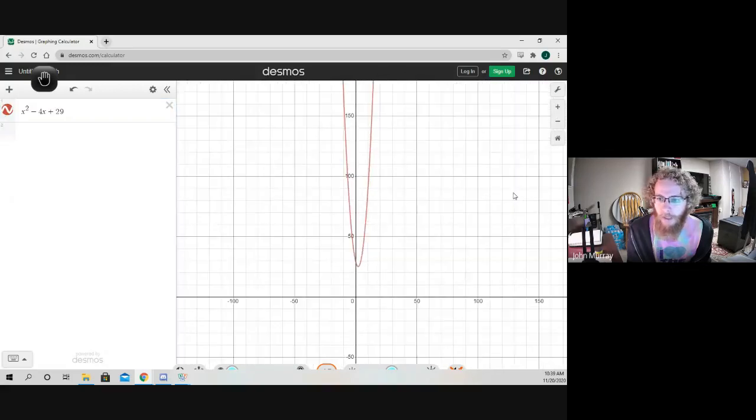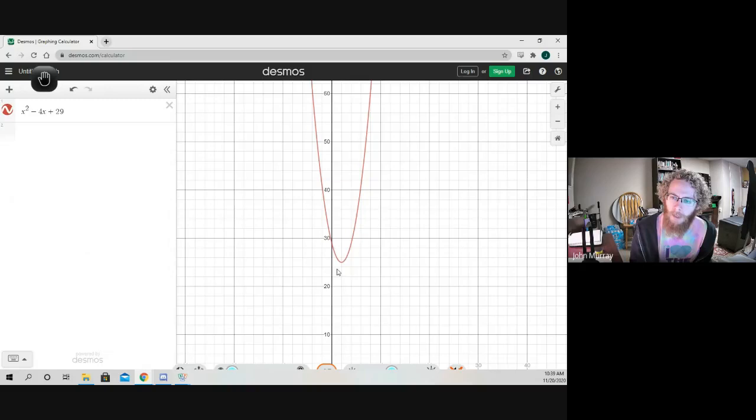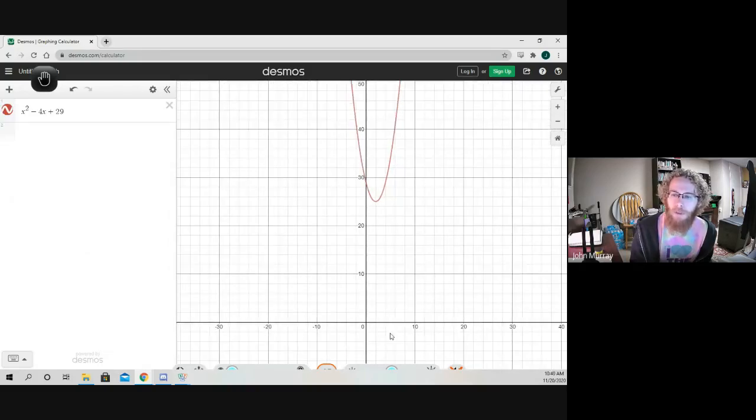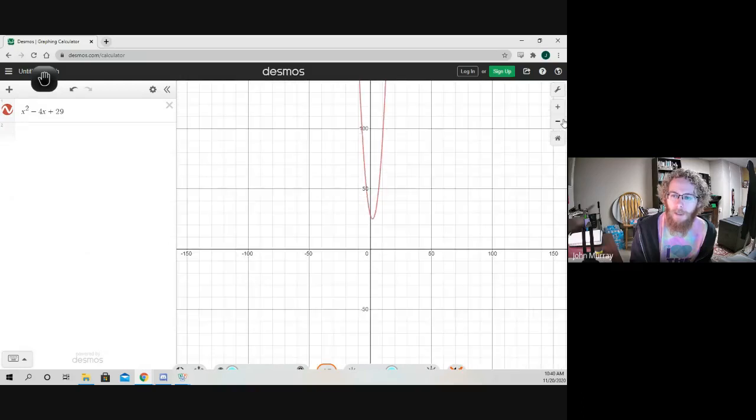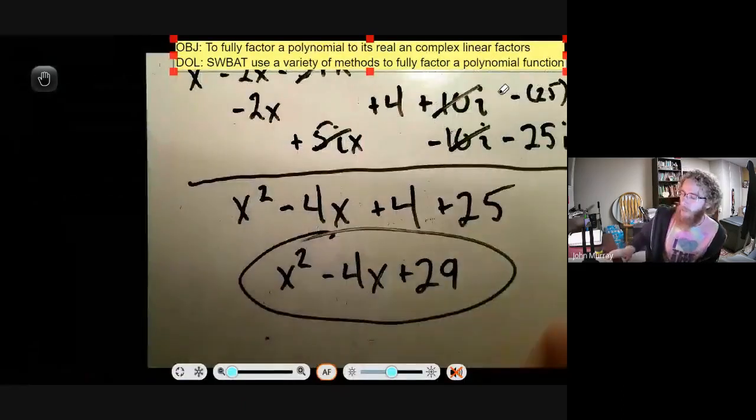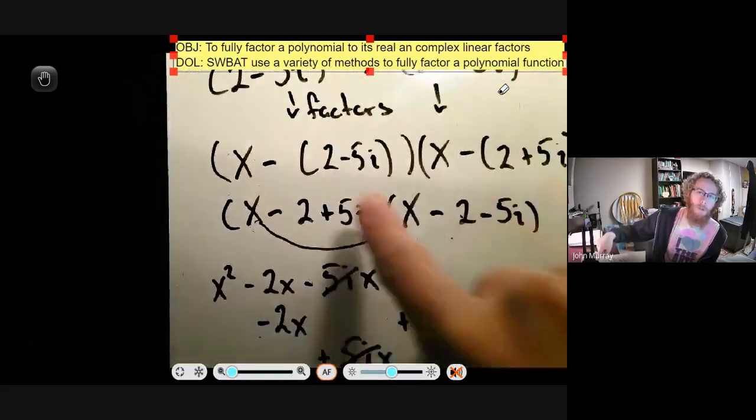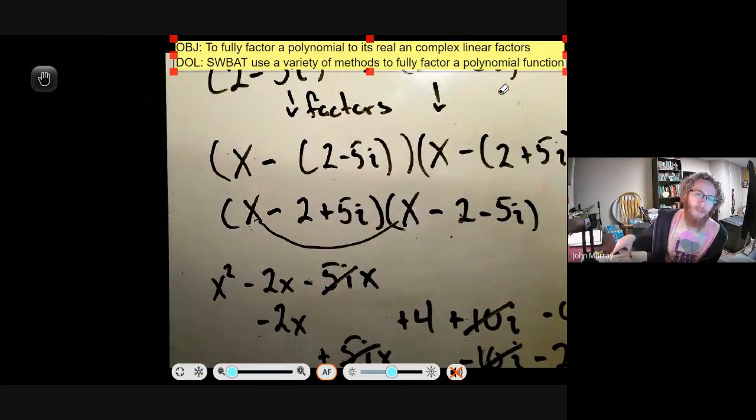So if we zoom out all the way, my parabola is all the way up here. The vertex is at the point (2, 25). So it's not even close to the x-axis, right? So you can see there are no real solutions because we do not cross the x-axis. But we knew that because we started with two imaginary complex factors.